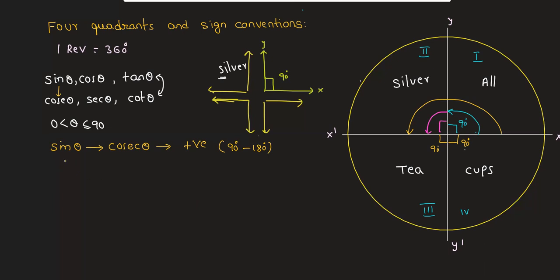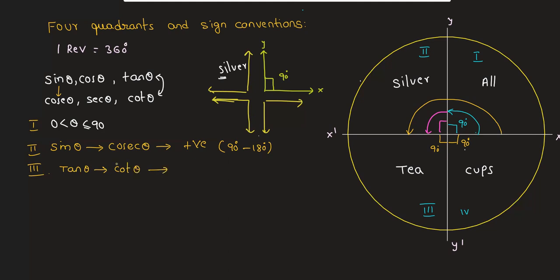Then let's come to the third quadrant. The first quadrant, and next the second is finished. Next we come to the third quadrant. In the case of the third quadrant, T is there. T means tan theta, and its reciprocal is cot theta.